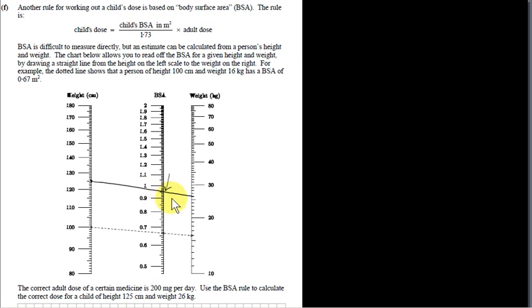It looks like this value is midway between 0.9 and 1. A number midway between 0.9 and 1 is 0.95. So, to get the child's dose, we want an estimate for the child's BSA, which we see is 0.95, divide by 1.73 and multiply by the adult dose for this medicine, which is 200 milligrams.